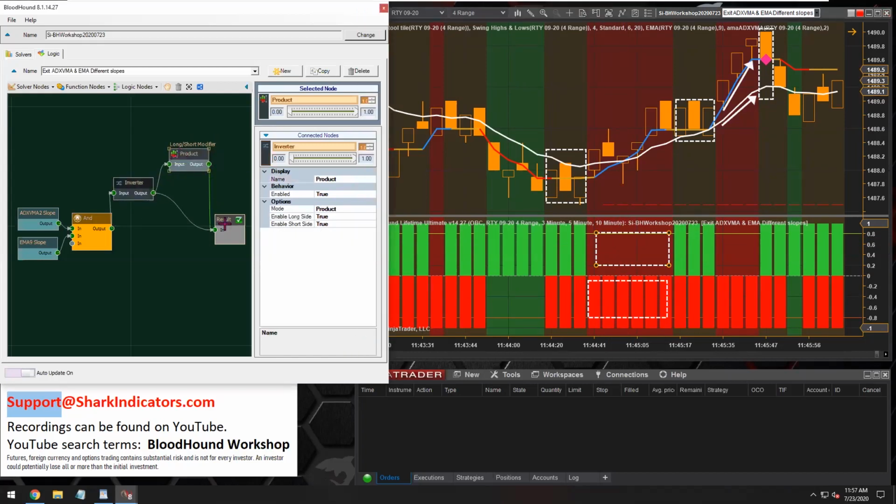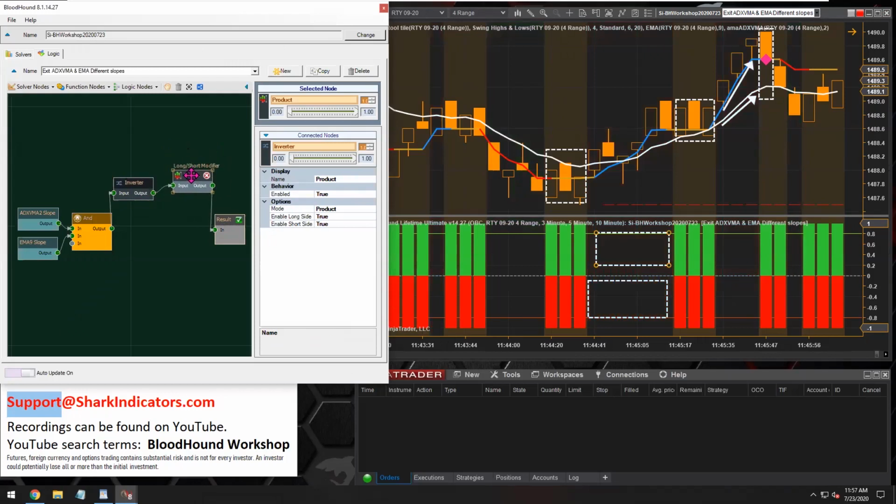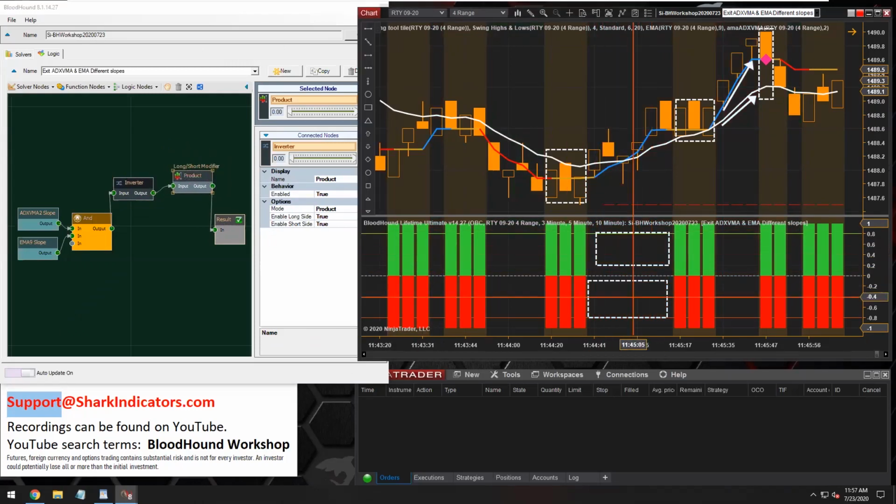So that's how the long short modifier strips out the short only and the long only, because it's taking 0 of one side and multiplying it times the other side, and 0 times anything is 0. And where we do have the long and short, the long output is 1, the short output is 1, and 1 times 1 is 1.